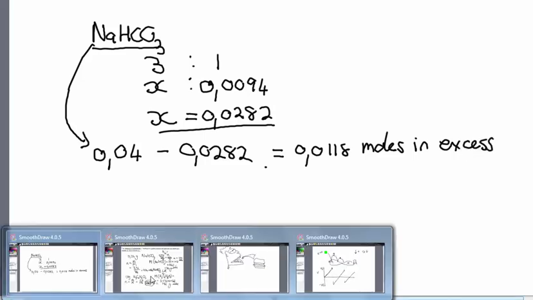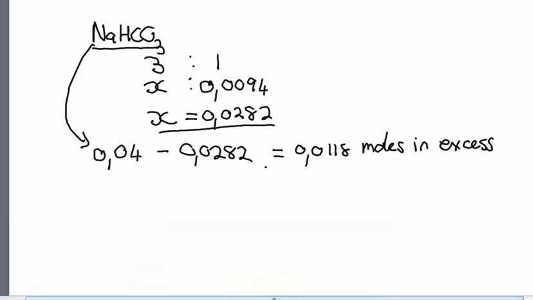When we double check our question here, remember we are trying to calculate the amount that we have in excess. This can then be converted back to grams. n equals mass over molar mass. Mass is going to equal n times M, where n's value is 0,0118.